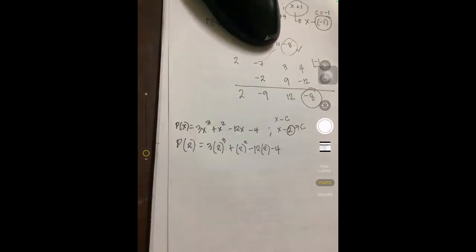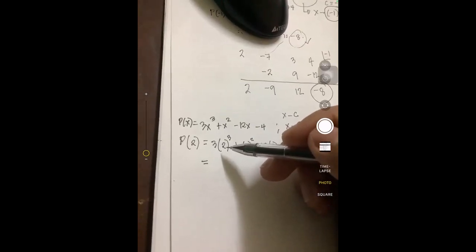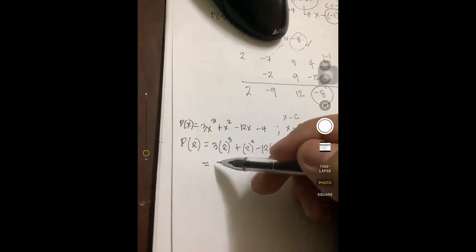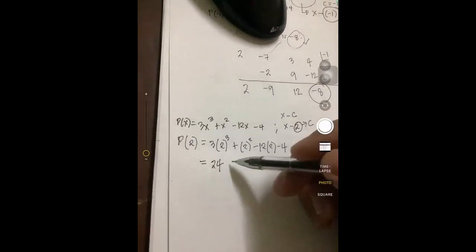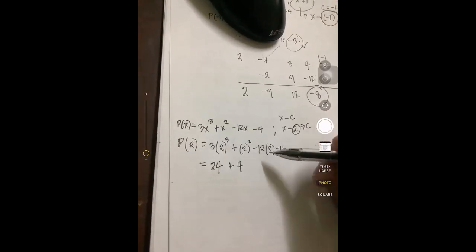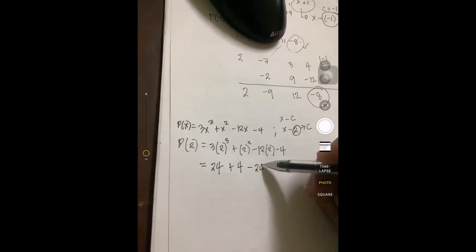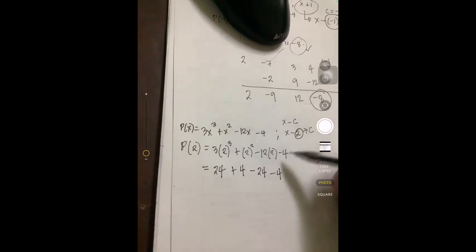So when we simplify, 2 times 2 times 2 is equal to 8. And 8 times 3 is equal to 24. Next, 2 squared is equal to positive 4. You have negative 12 times 2, that results to negative 24. And minus 4, kasi copy lang natin.